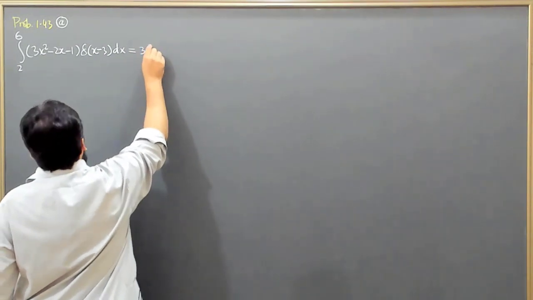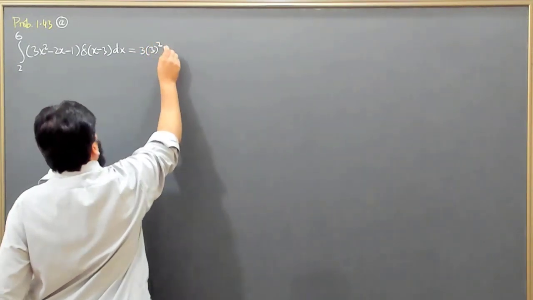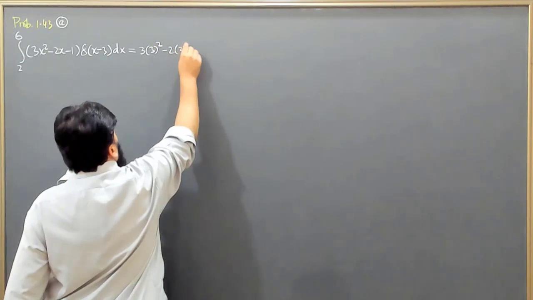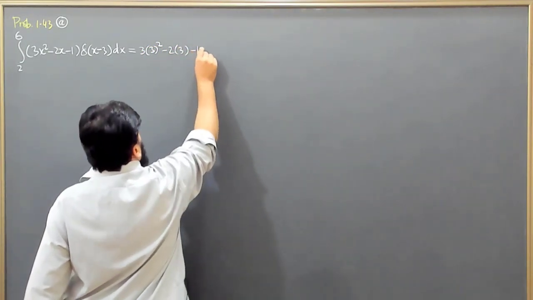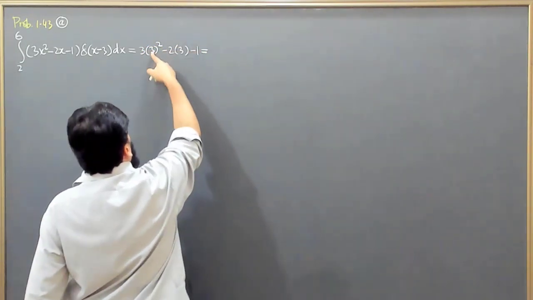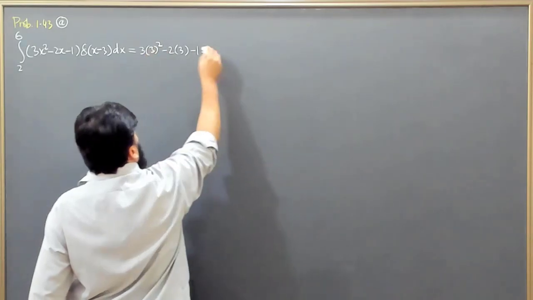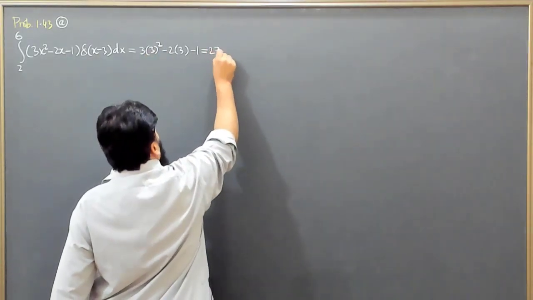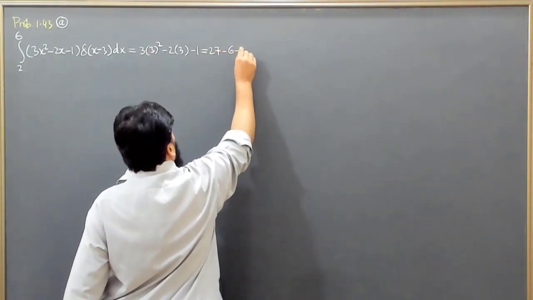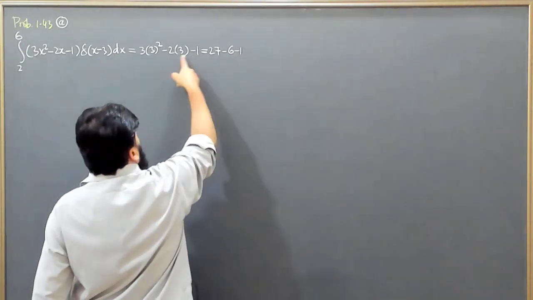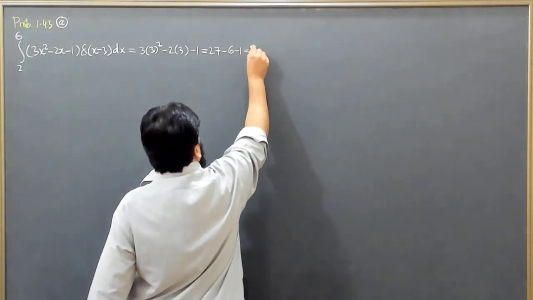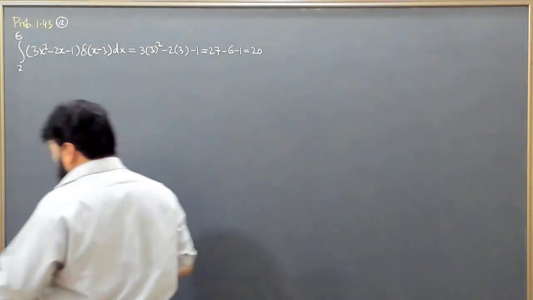So this will be 3 times 3 squared minus 2 times 3 minus 1. 3 3s are 9, 9 3s are 27, and then minus 6 and minus 1, so minus 7, and this is equal to 20.